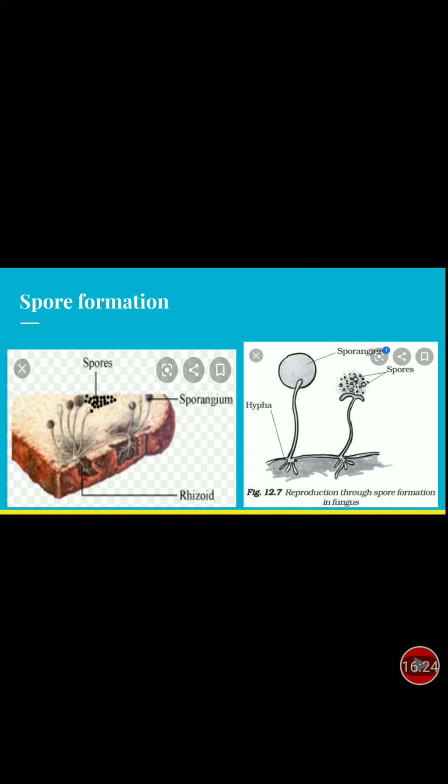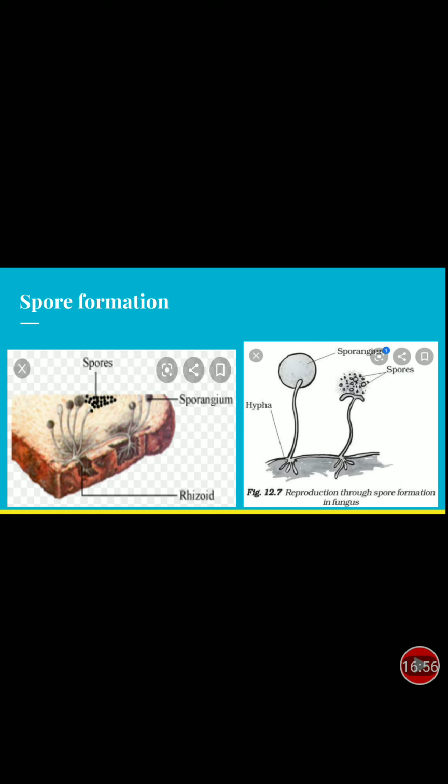These white colored structures, if you keep them for some more time, will turn blackish. If you take a lens and observe the bread, you can see small round structures which we call spores. These are very important. S-P-O-R-E-S. In the bread, you can see these spores being released.